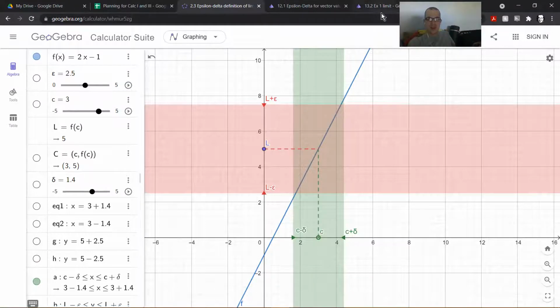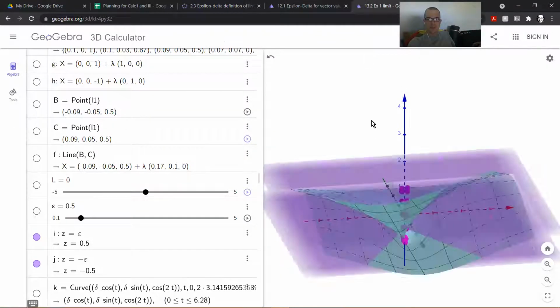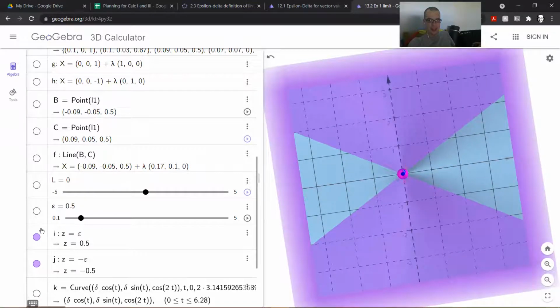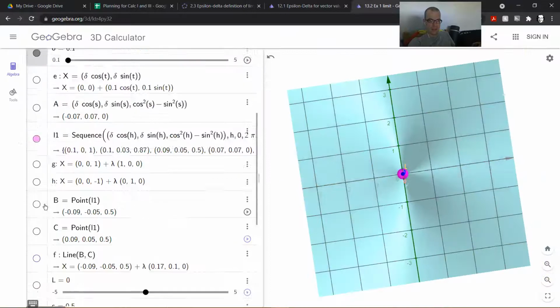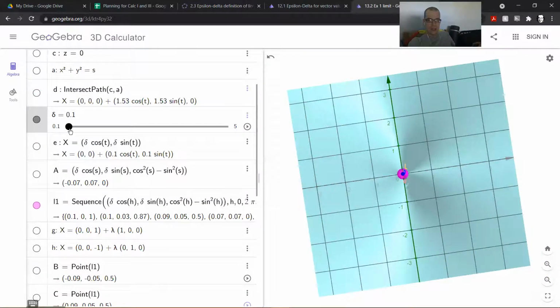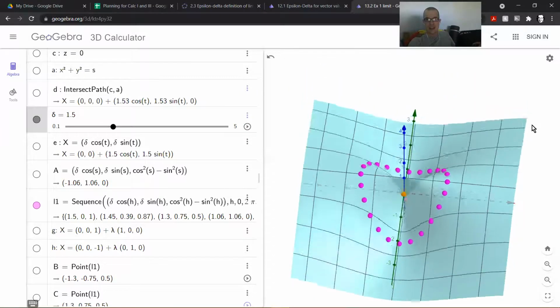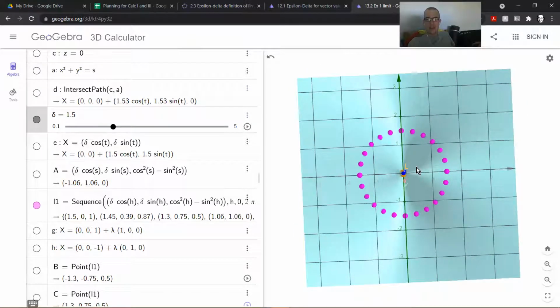But since we are now in a multivariable context and our domain is two-dimensional, there are actually an infinite number of paths that we could take towards the origin.